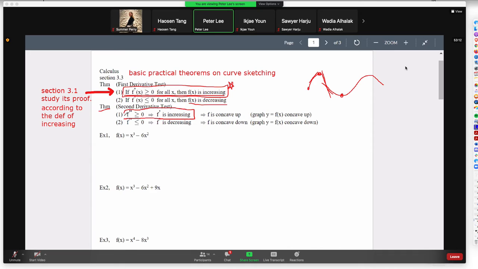Let's look at this part right here. Is that true? If f double prime is greater than 0, then f prime is increasing. So we have an arrow here. Arrow means if this, then that. If you say P implies Q, this is how we write it.